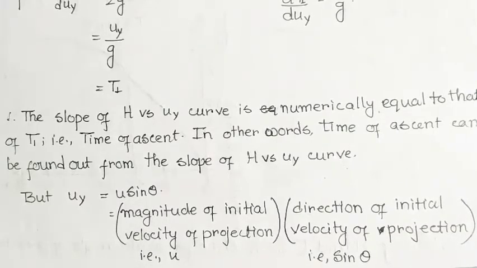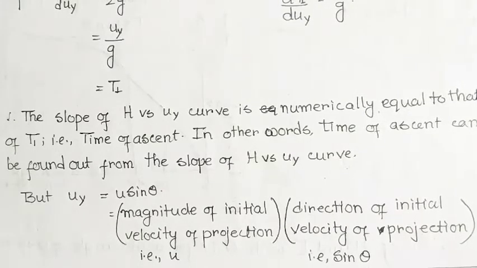So just think of this. uy is the product of u and sin theta. So in how many ways can uy be changed? If I change u, uy will change.